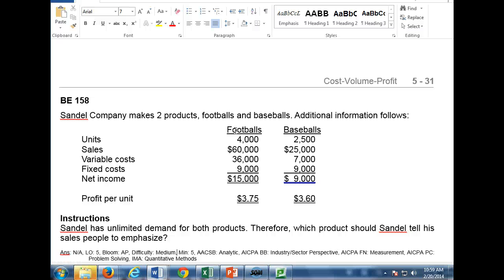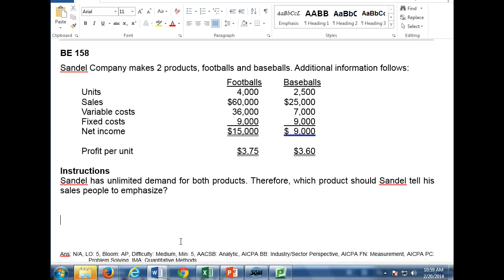It's not that they don't have a demand out there, they just have to produce them. So if they can increase volume of a product, won't that help the contribution margin? So let's look at these. Which one should he emphasize?